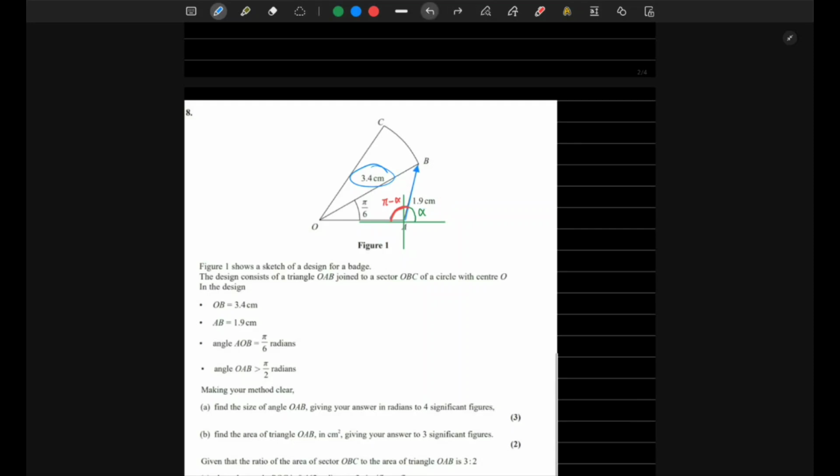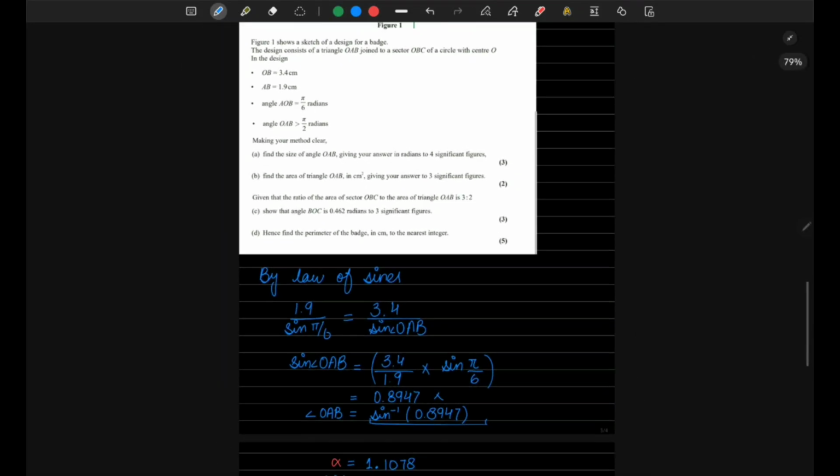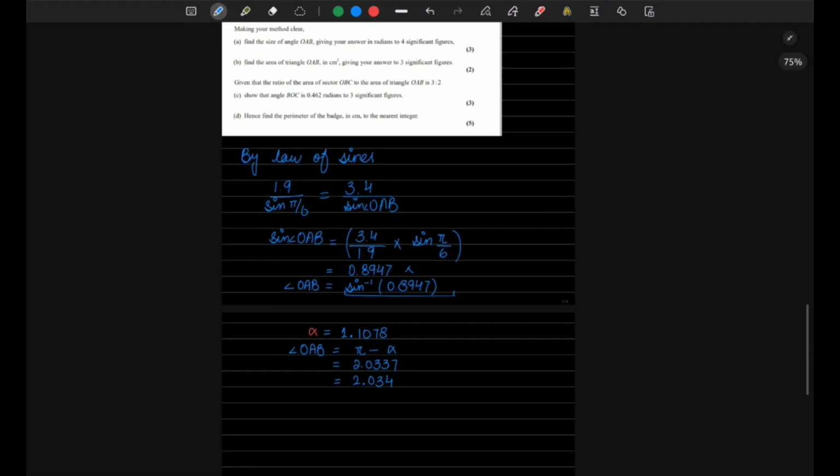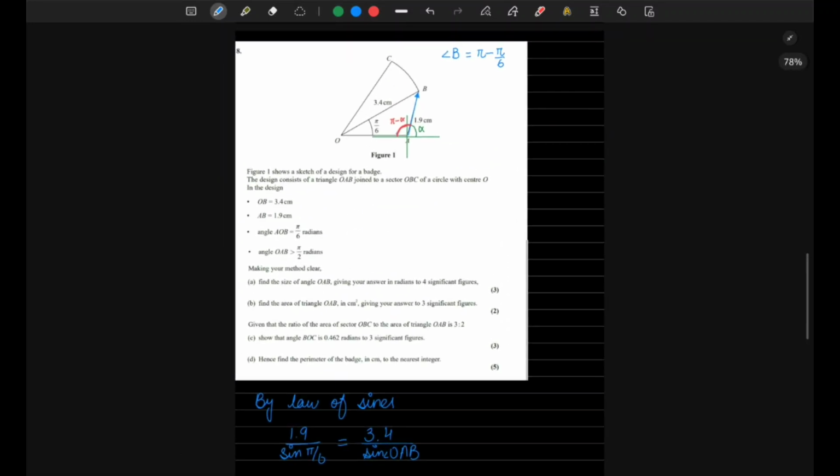So let's first look into this angle. Your angle B would be pi, because the sum would be 180 or pi, minus pi by 6 minus pi minus alpha, that is 2.034.